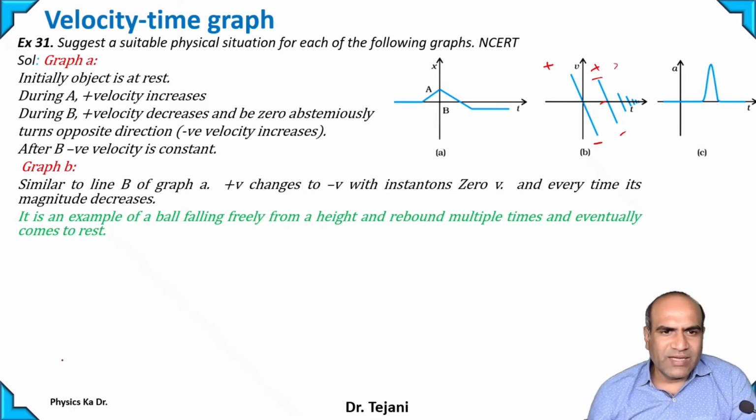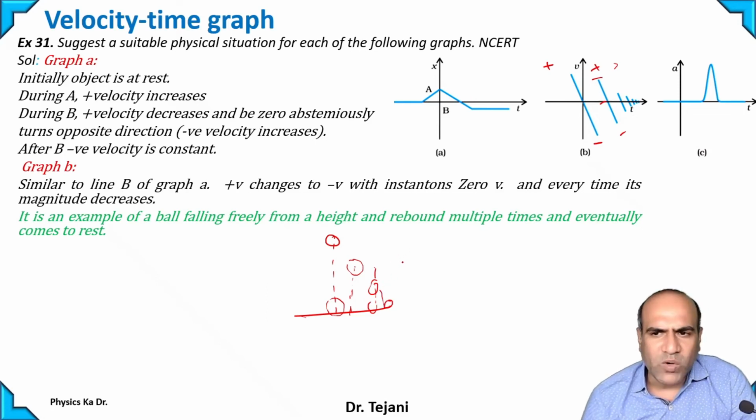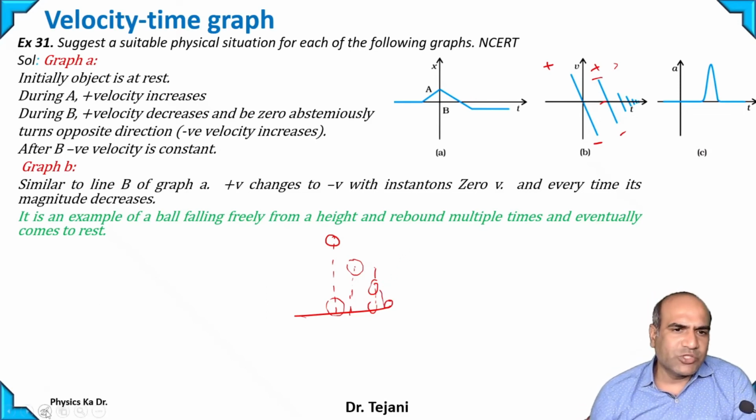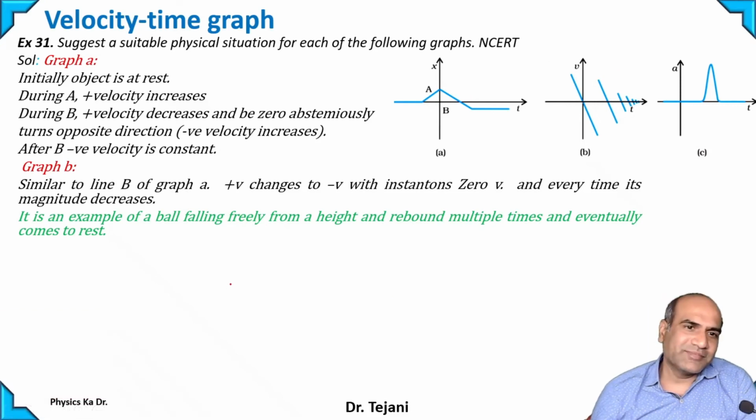So it is simply an example of a ball falling freely from a height. The ball falls freely and strikes the ground, then bounces back up to some height, then falls again, bounces back, and falls like that. It is just a ball rebounding multiple times, and that is what is shown here.